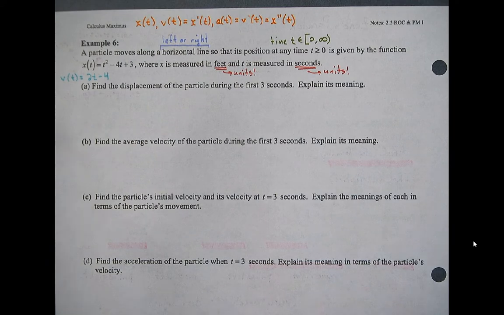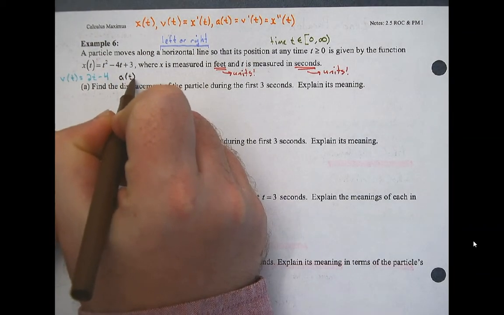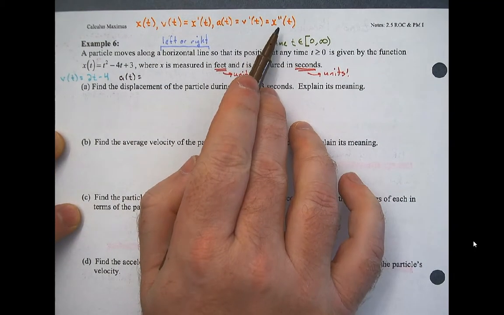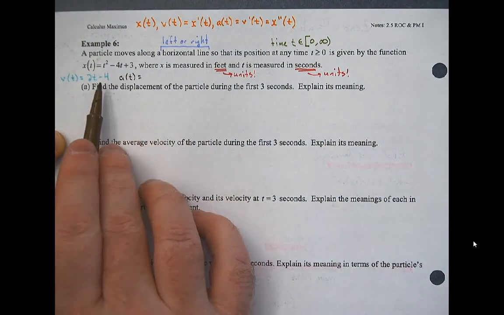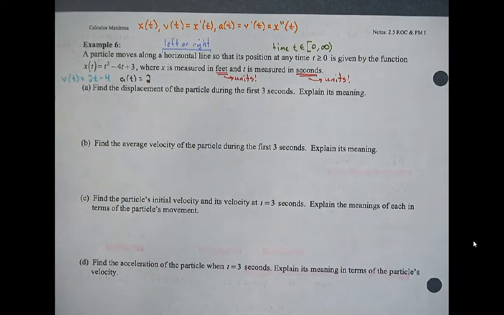And then we would have acceleration. Acceleration is the second derivative of position. So if you want to derive it, or you could just take the derivative of velocity, which is a lot easier. So that's just a constant of 2. So our particle is constantly accelerating 2, and then we'll talk about units when we get there.